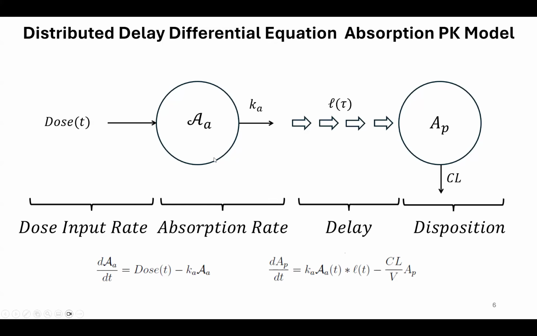First, introduce just a regular absorption compartment where I can apply the dosing events with no delays. Second, I introduce a convolution of this absorption state with the probability density function of the distributed delays.